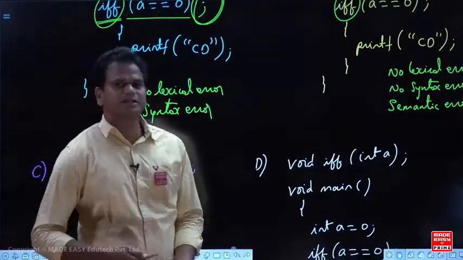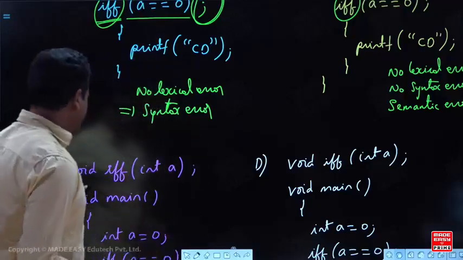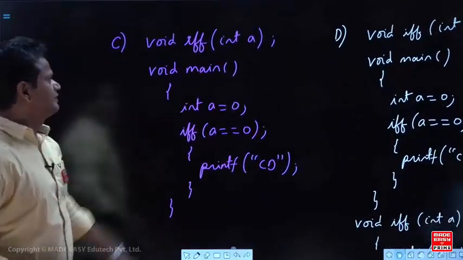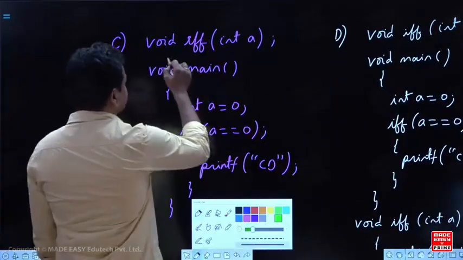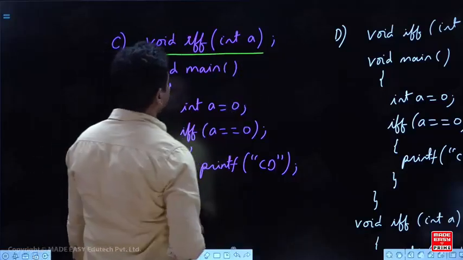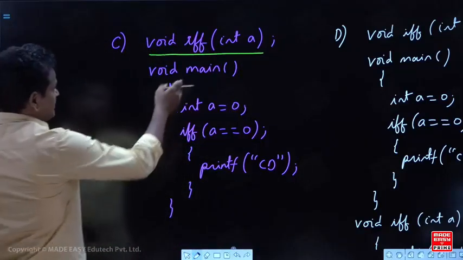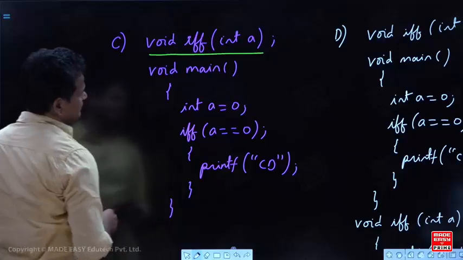So in general, before calling a function, it must be declared or defined. Here we have declared, before the main function we have declared. But we have not defined. Are you following?